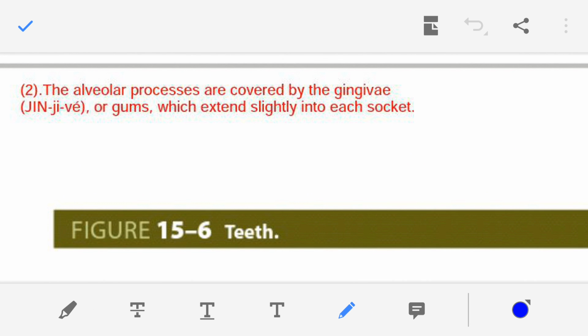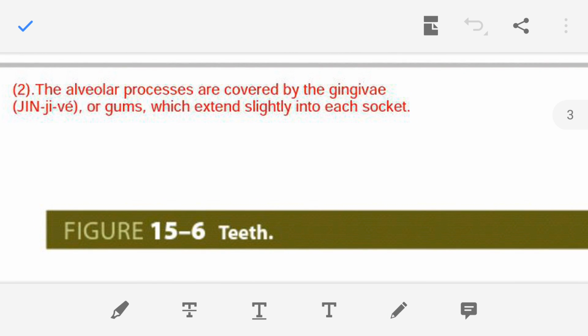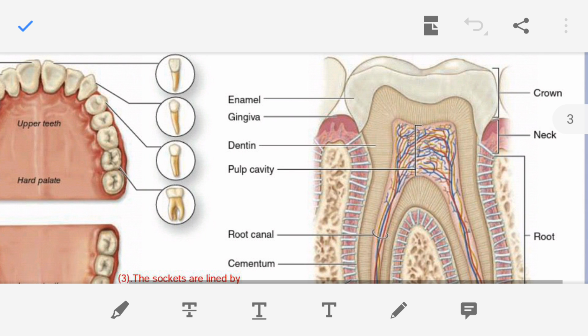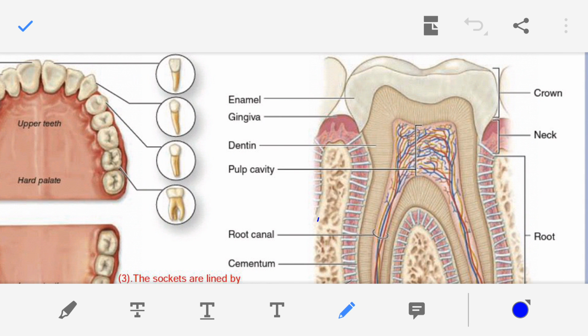So how are we going to read this spelling? It is not gingiva, it is gingivae. Okay, and this gingivae or the gum extends slightly into the socket. For example, over here you can see this one is the alveolar process, this one is the alveolar process.